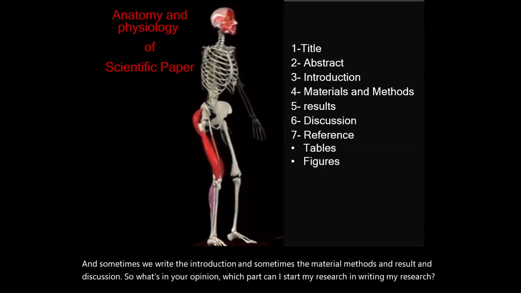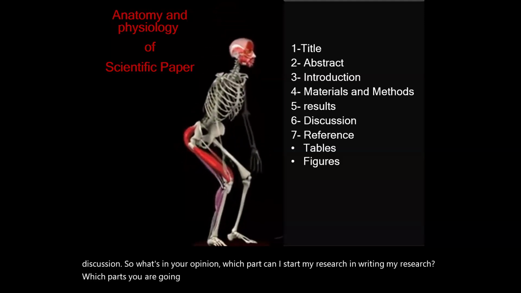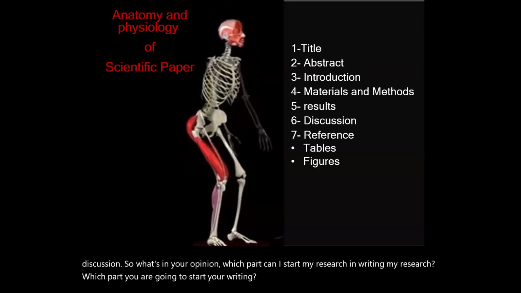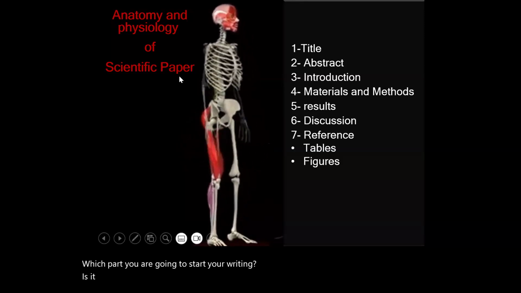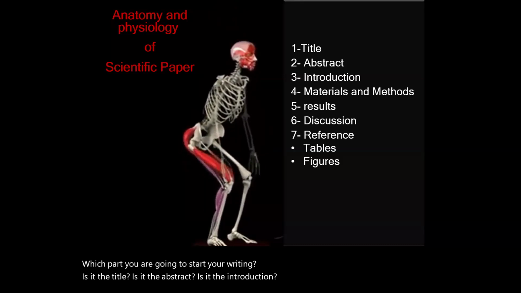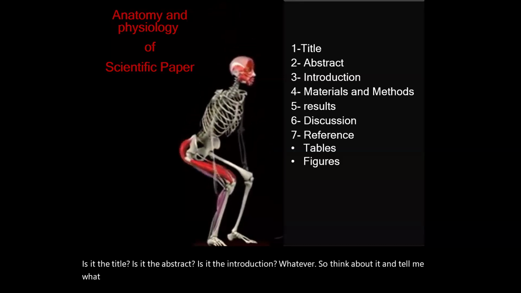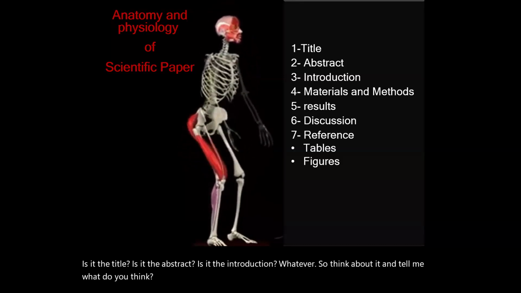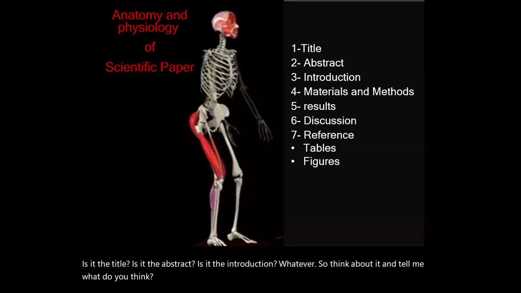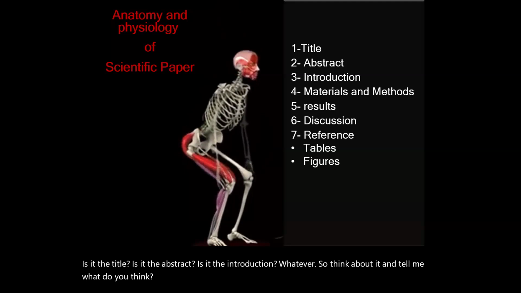Which part are you going to start your writing? Is it the title? Is it the abstract? Is it the introduction? Whatever. So think about it and tell me, what do you think? Any opinion?